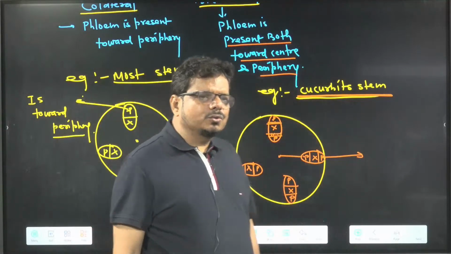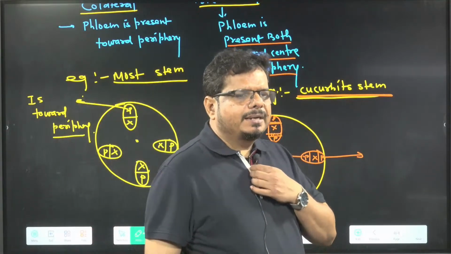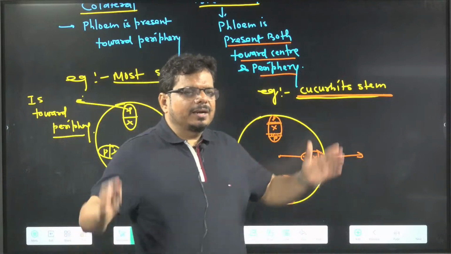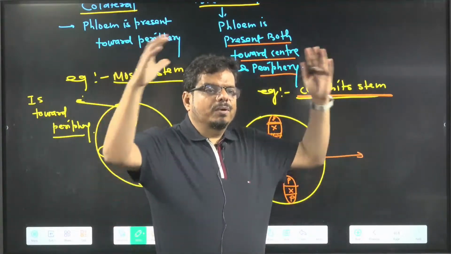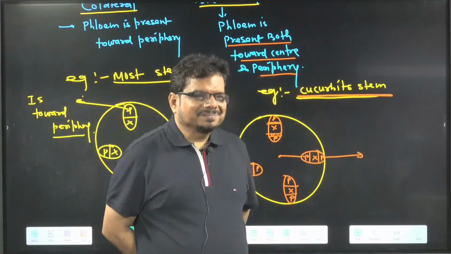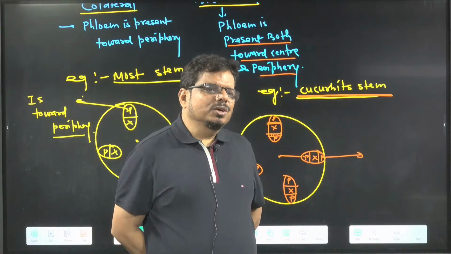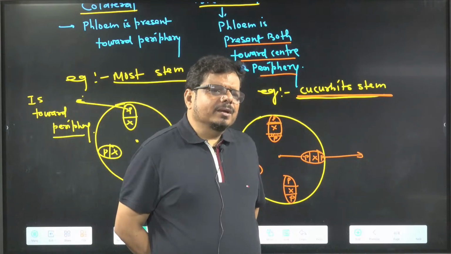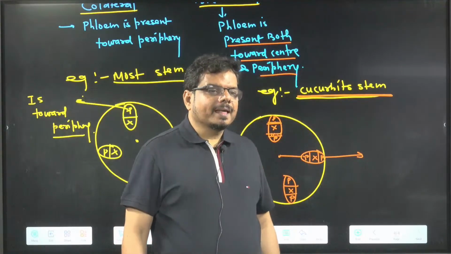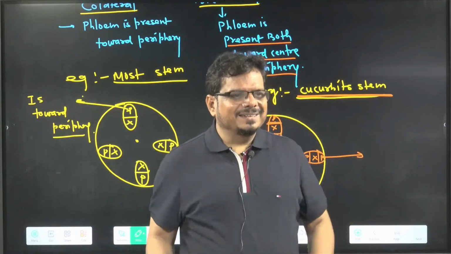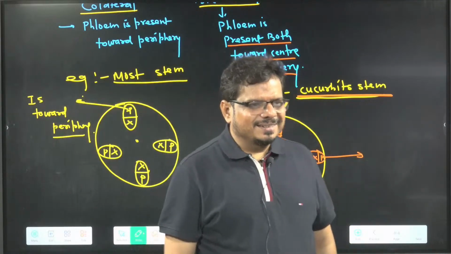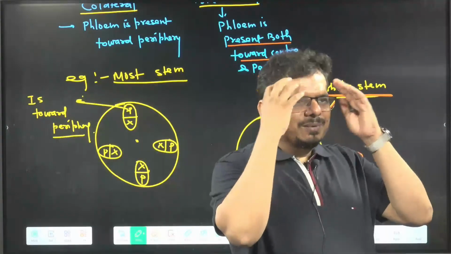So when I was a student like you, how I mugged it up, I am telling you. Bicollateral, gourd family, pumpkin, watermelon, cucumber, big fruit came. Agree? So I mugged up like food is more, means phloem is more. Phloem is both outside and inside in case of bicollateral. You have to give some logic to your brain.